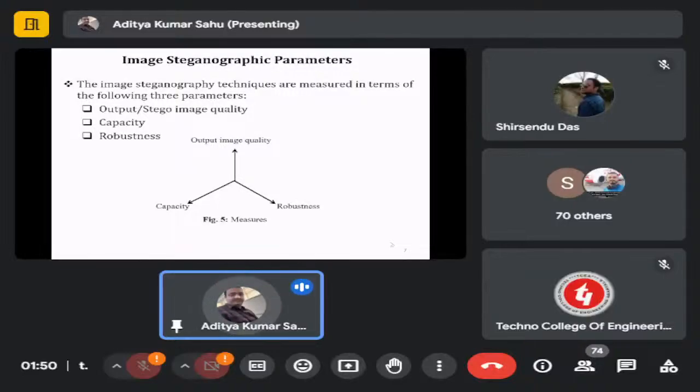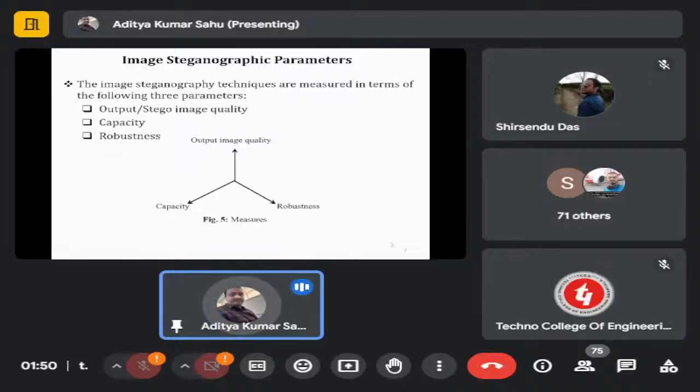So these are the measures for any image steganography technique. One thing to understand from this diagram is that these three parameters are quite complementary to each other, in the sense that they are quite opposite to each other.